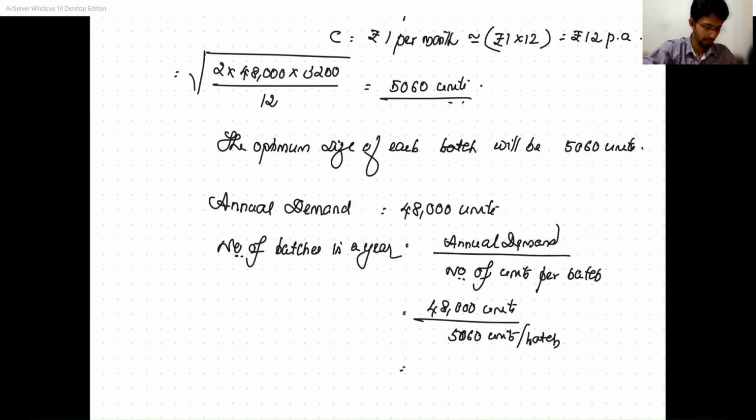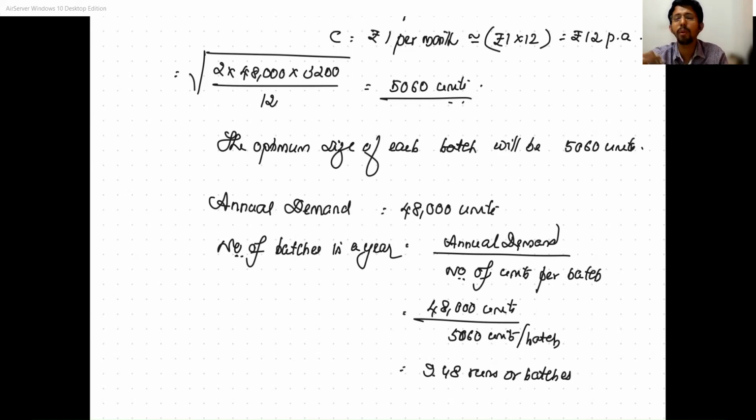Let me do the calculation. It will be 48,000 divided by 5060. So you will get 9.48 runs or batches. Runs means batches.